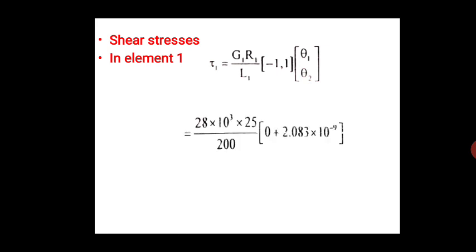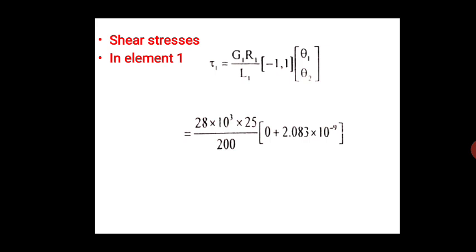For this, we substitute the rigidity modulus as 22 into 28 into 10 raised to 3, the radius R1 as 25 and length L1 as 200, with displacement theta 1 as 0 and theta 2 as 2.083 into 10 raised to minus 9.